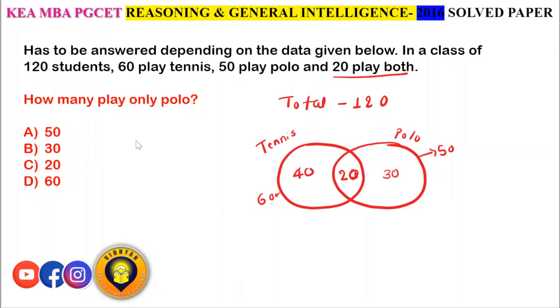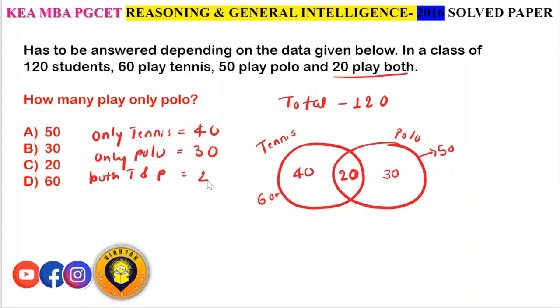Correct? So by this, what all values you get? Only tennis is how much? 40. Okay, 40 students play only tennis. Only polo are 30. Both tennis as well as polo, they are 20.